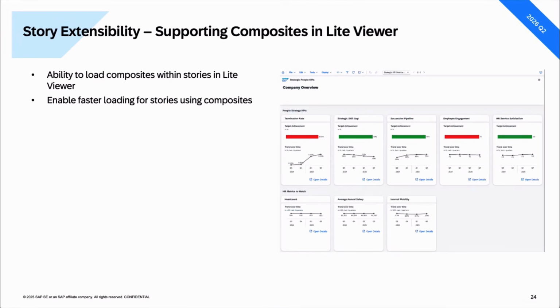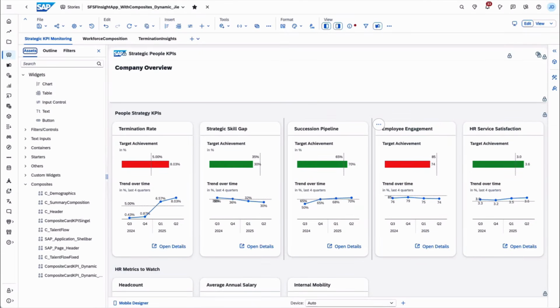Now with the QIC Q2 release, Composites can also run within the light viewer. So if your story contains Composites, the story can also run within the light viewer, which will enable fast loading for stories using Composites. Now let's have a look into the demo. You can see that again, this composite demo story contains different composites.